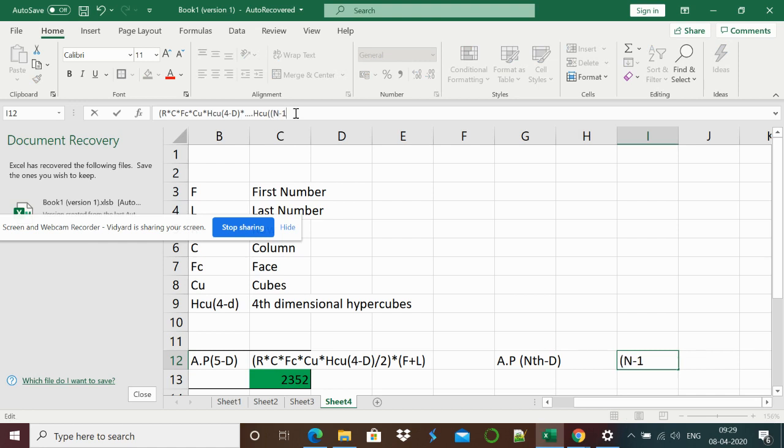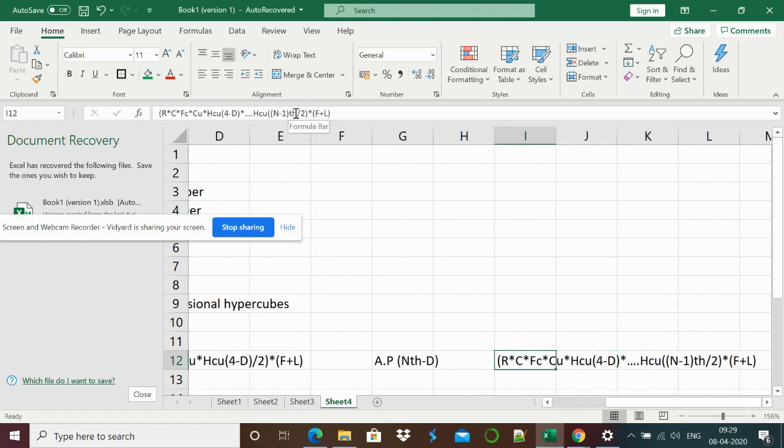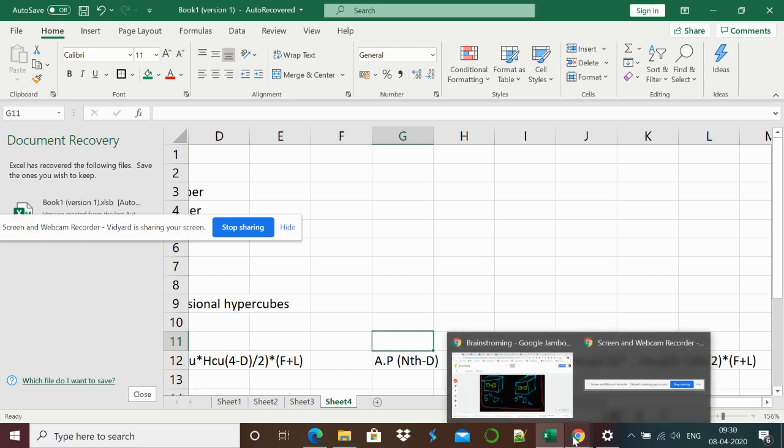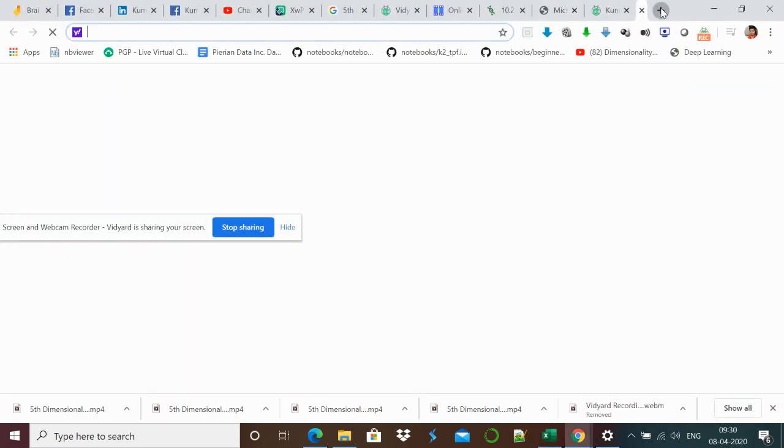Why? Because I take an example here in the fifth dimension. This will be more generic. This is all divided by 2 into the first number plus the last number. So there is a generic formula which I found in my previous work.